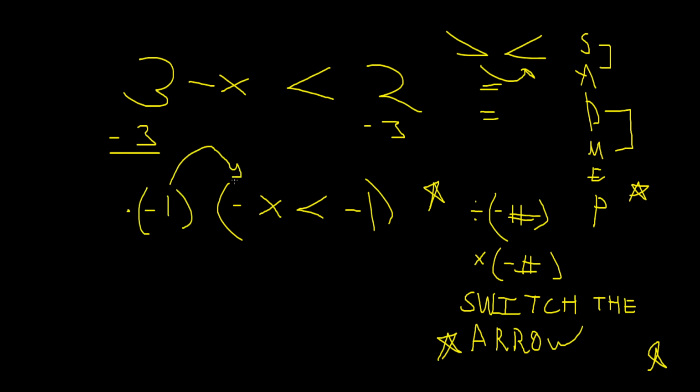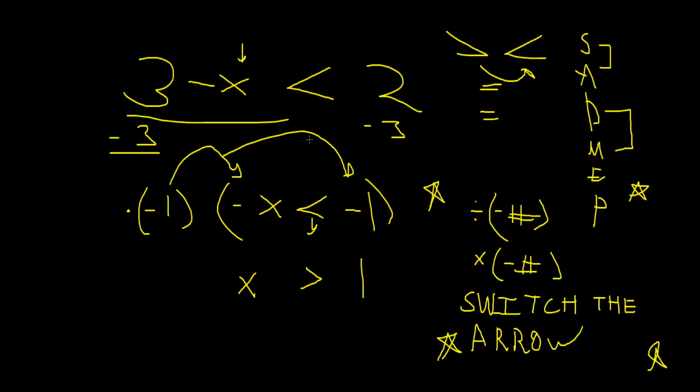When I do that, the x becomes positive and the negative 1 becomes positive as well. But this thing also switches directions. So x needs to be bigger than 1 here, which makes sense because the bigger x is, the lower the value of this side, right?